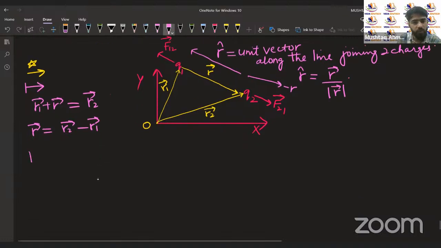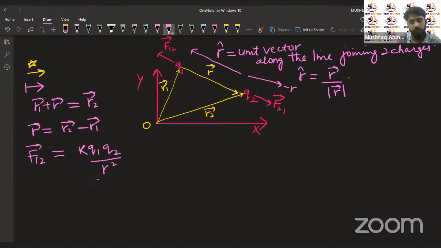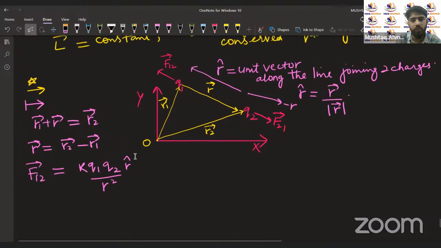Now the force acting on this charge q1, that's F12, will be given by k q1 q2 upon r square, and the direction of this vector will be along r cap. The direction of this F12 is along the unit vector r cap.